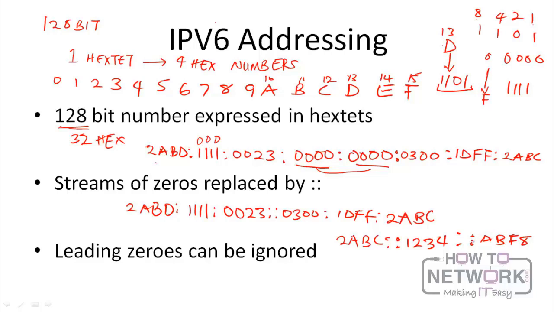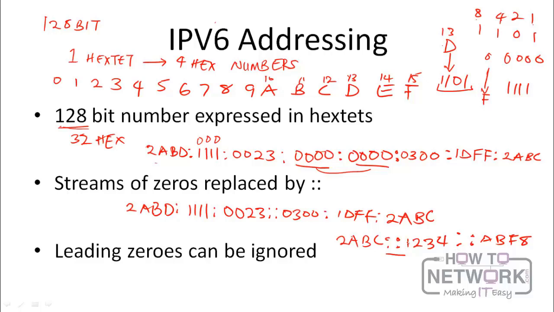The reason is that the router or the device will not be able to expand this. It doesn't know how many zeros to put here, because it knows there are supposed to be 8 hextets, but it doesn't know how many are here or how many are there. So you can only use the double colon once, and the rest you express as zeros.